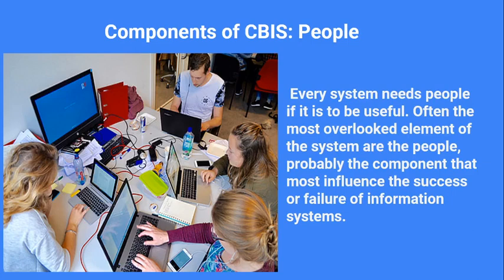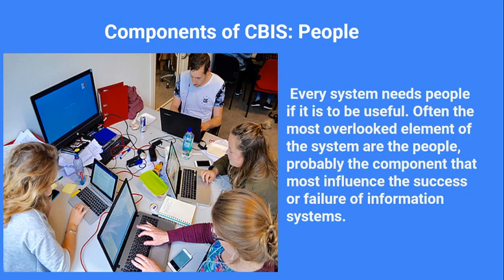Now, each and every computer-based information system requires people for its operation. Every system needs people if it is to be useful. The people or the human resource is that component which has the most influence in the success or failure of each and every computer-based information system.